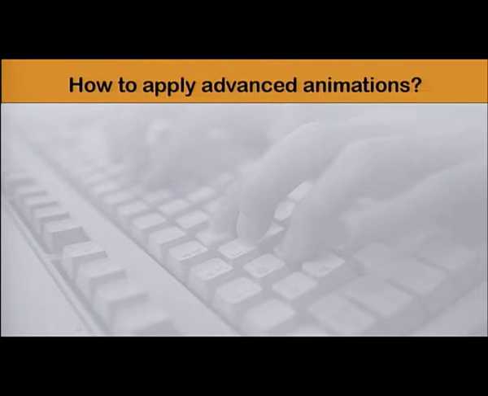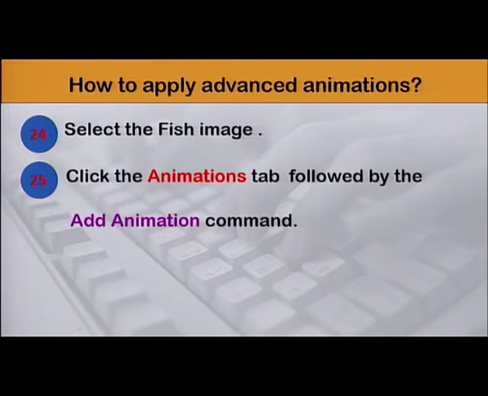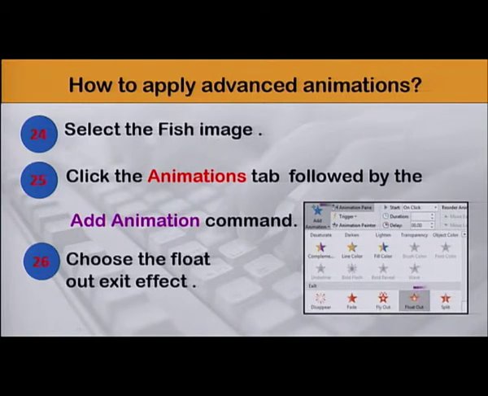Now, an exit animation is added to the fish to make it disappear. Select the fish image. Click the Animations tab followed by the Add Animation command. Choose the Float Out Exit effect.